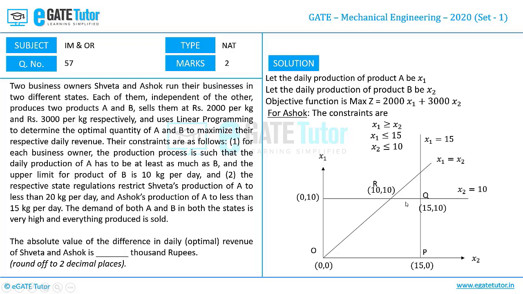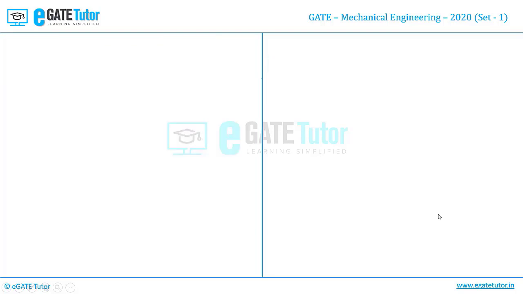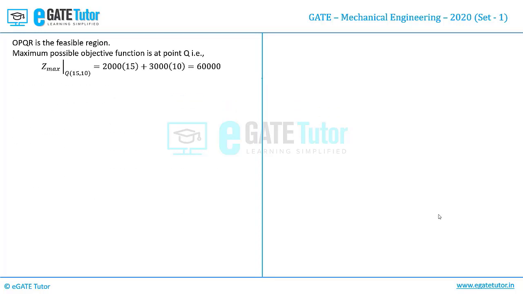These three intersect at points R and Q respectively. So the feasible region becomes O, P, Q and R. Among these 4 points, we can easily say that the point Q can contribute to the maximum objective function value. The maximum objective function value at point Q, which is (15, 10), gives us 60,000.